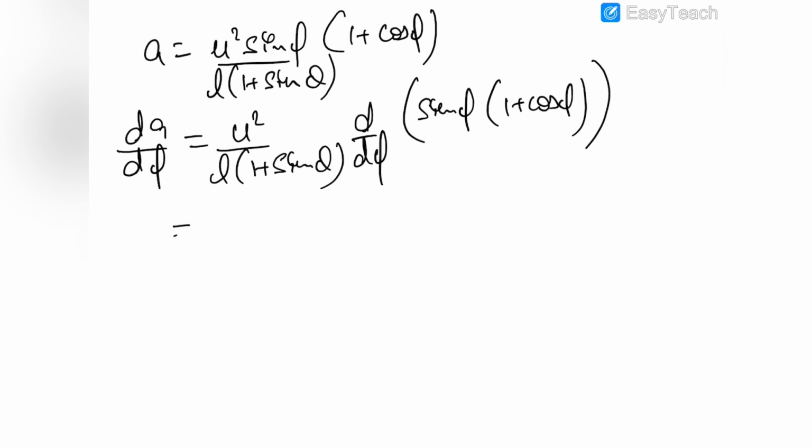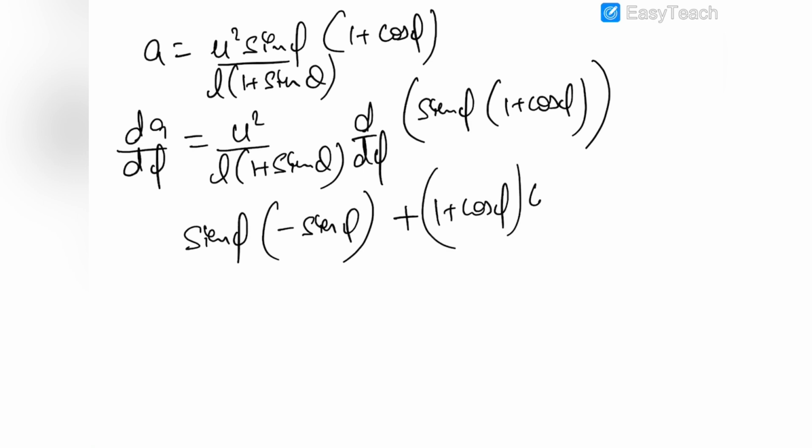Let us concentrate on this differentiation only. Using the product rule, sine phi into minus sine phi plus (1 plus cos phi) into cos phi, and this is equal to 0.